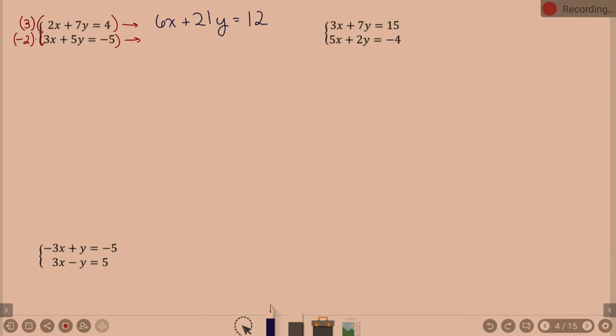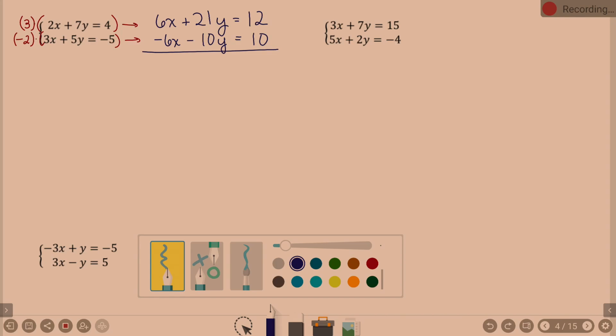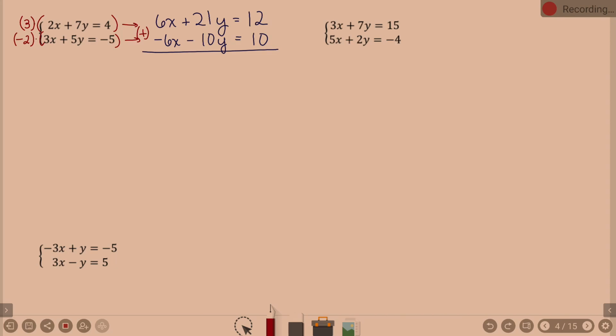Bottom equation, multiplying by negative 2: negative 6x minus 10y equals positive 10. And what do we notice about those x's now? They have opposite signs, right? Opposite signs are going to tell me to add those two equations to get them to cancel out. If they're the same signs, we'd have to subtract.